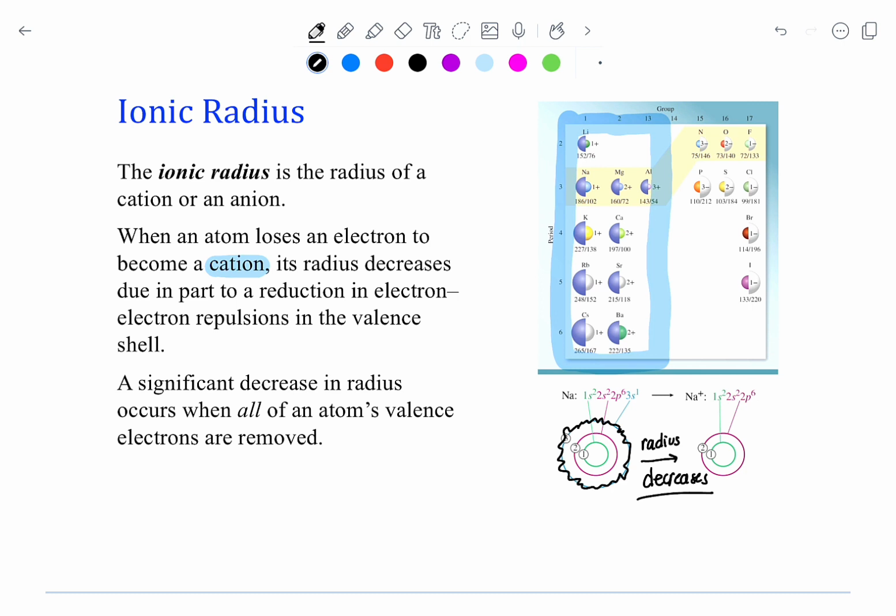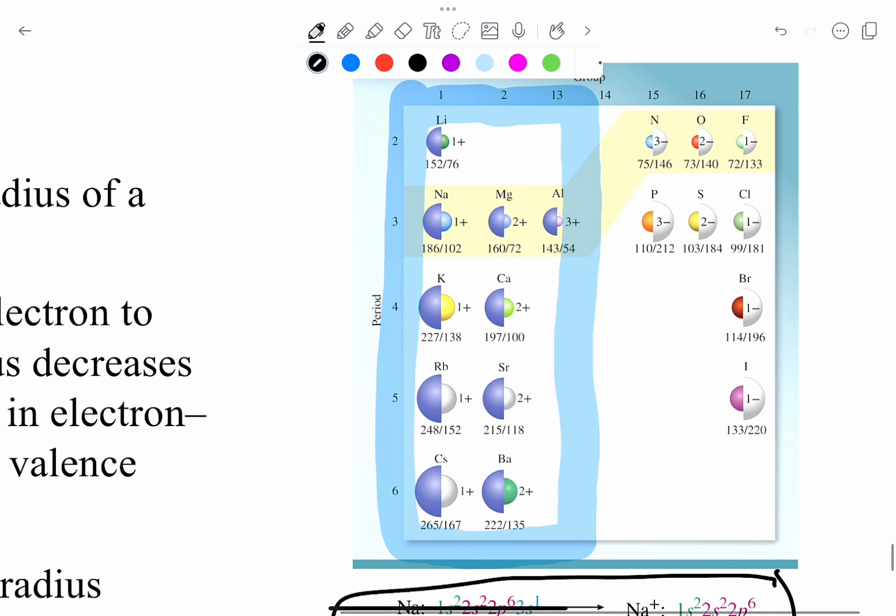And there we see that significant decrease when all of the valence electrons are removed and we're left with just the core, which is what this image was showing. Okay, so in our image up here, we see one side, this is our neutral side, and then this is our ion side. As we go from neutral to ion, that radii significantly changes because we're just removing an entire orbit of that element.